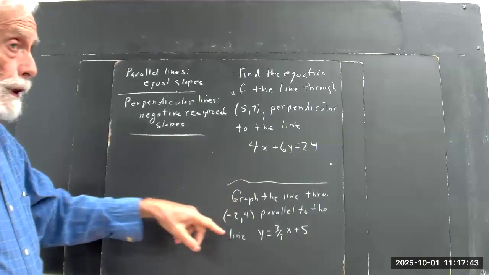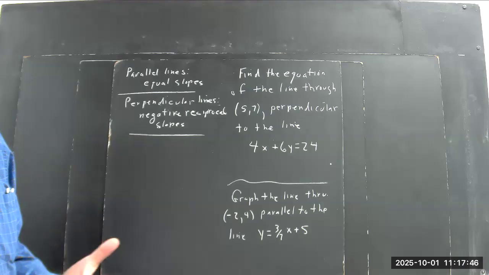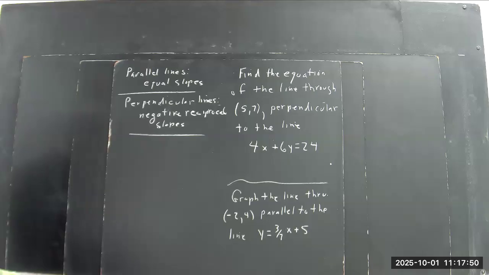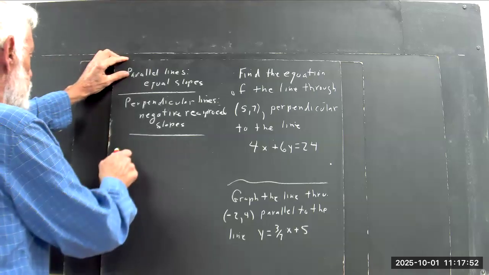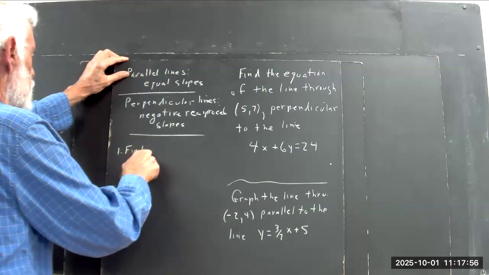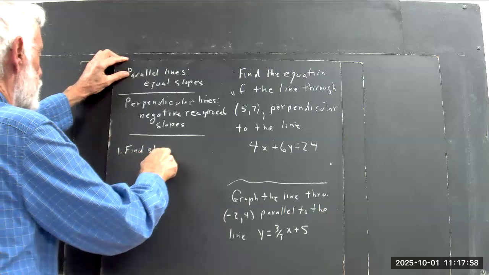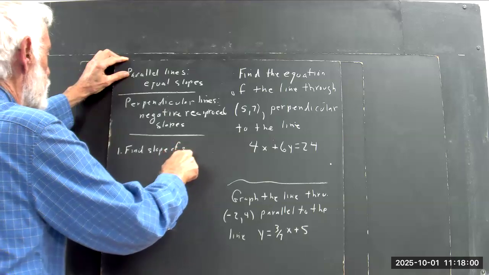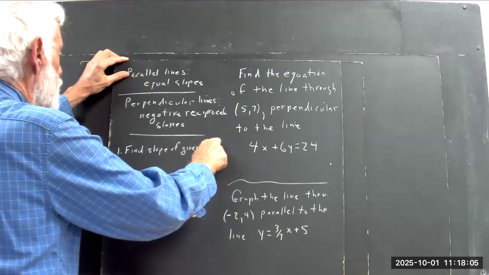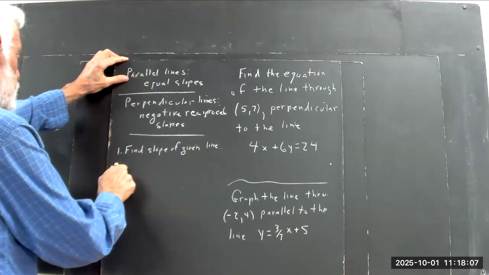So given either of these lines, the first thing you got to do is find the slope. So I'm going to give you an algorithm. Find the slope of the given line.